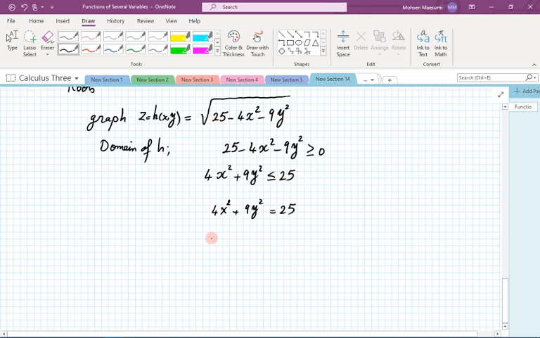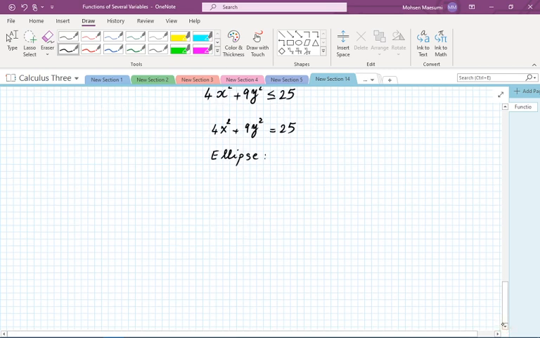Okay, so what is this one? This is an ellipse. If you remember, to get that ellipse, to write it in a standard format, I divide by 25. So 4x squared over 25, 9y squared over 25 is equal to 1.